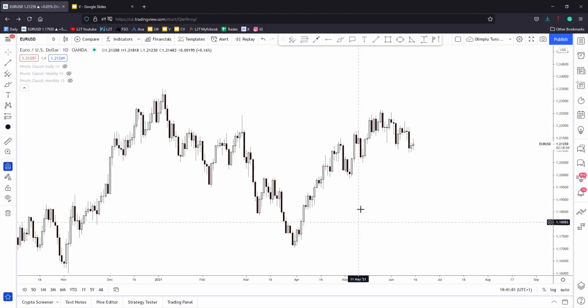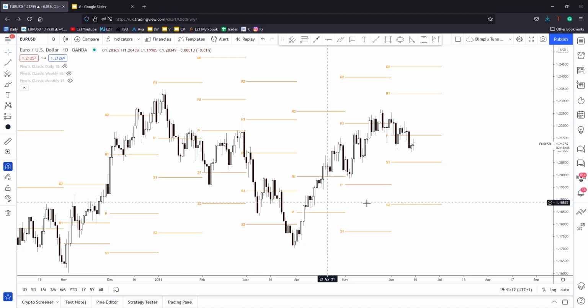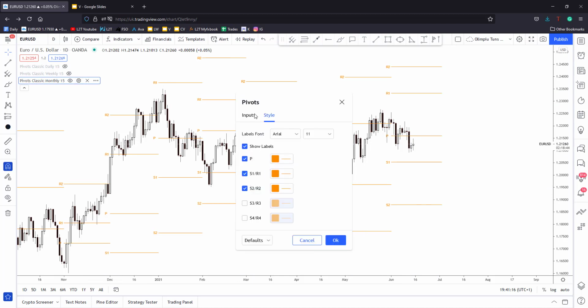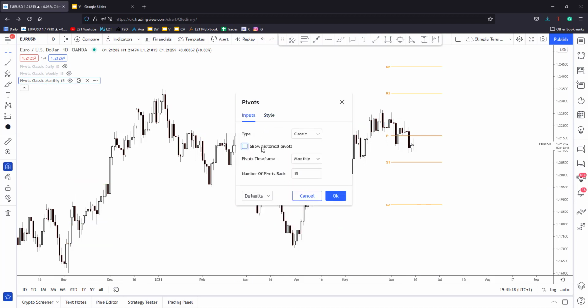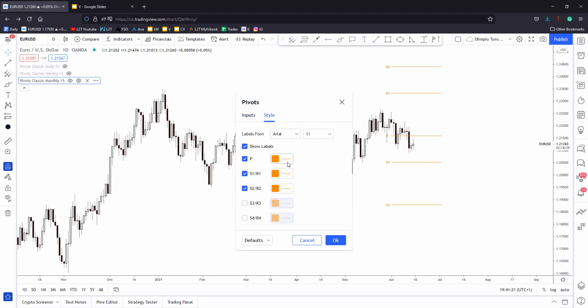And personally, for the daily chart, I will use the monthly pivot points like this, and here we have the style.